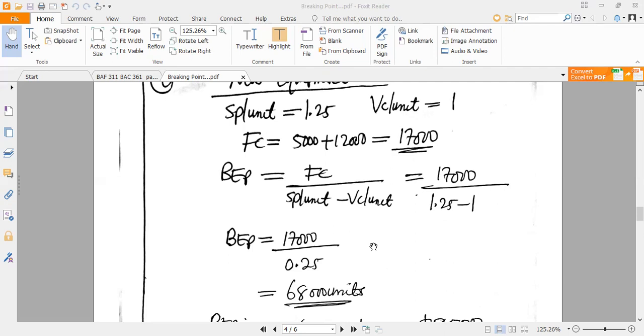If you go back to the original information, we had 50,000 units produced for the current one and 70,000 units for the new equipment. They didn't compute those units using the break-even point formula.